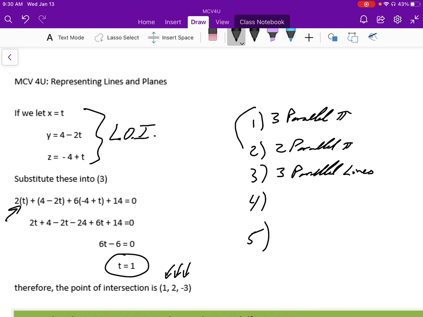None of these have a solution. No solution. There is not one point of intersection between the 3 planes.